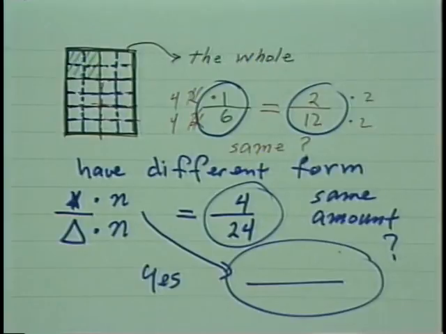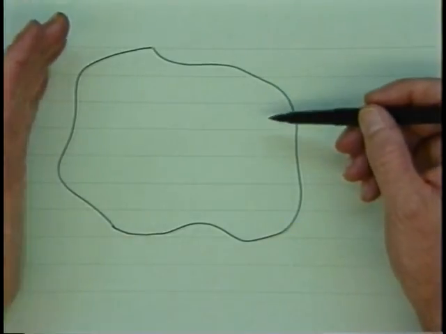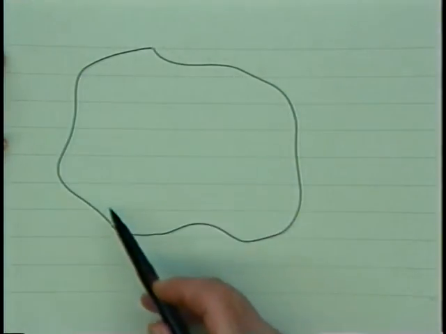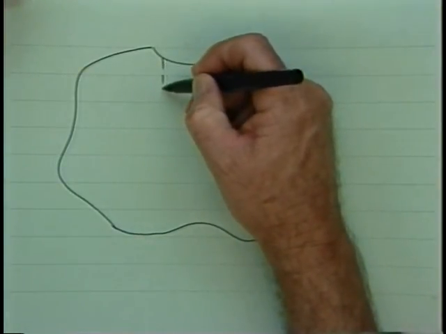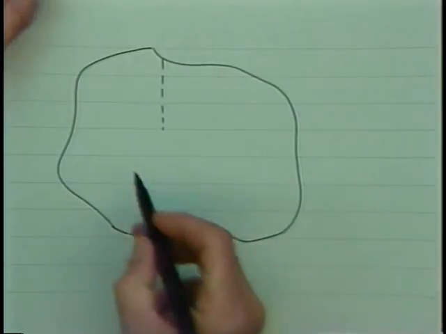So this is one of the questions we're going to have to ask within the next couple of lessons. And fortunately, it's a very easy question to answer. Other types of questions we might ask could be illustrated in this manner. Let's say you've got a certain plot of land out in the country, and you are going to sell this much of it.